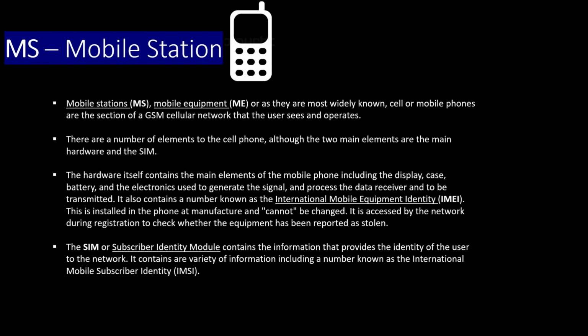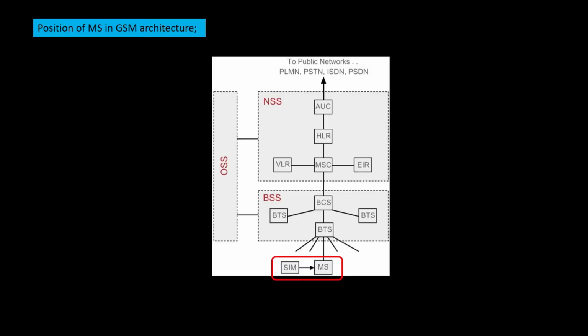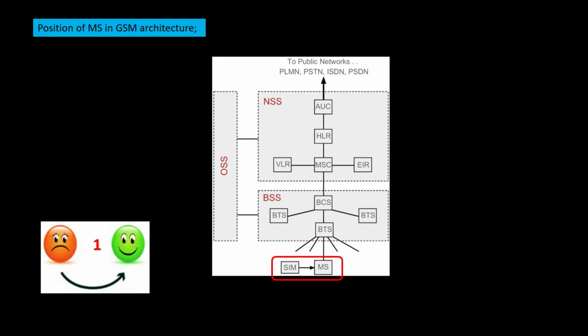The SIM, or subscriber identity module, contains the information that provides the identity of the user to the network. It contains a variety of information including a number known as the International Mobile Subscriber Identity (IMSI). This is the position of MS in GSM architecture.